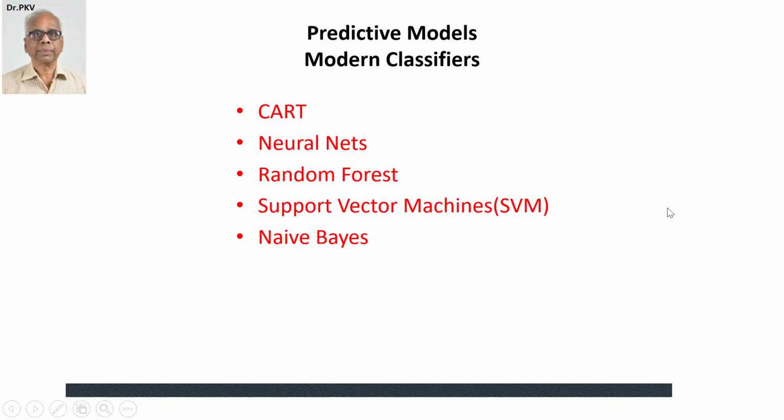And then when you have modern machine learning methodology for predictive models, we use CART, neural nets, random forest, support vector machine, naive Bayes. So these are the popular models under predictive analytics, and we will consider each one of them later separately with examples. Right now, this is an introduction.